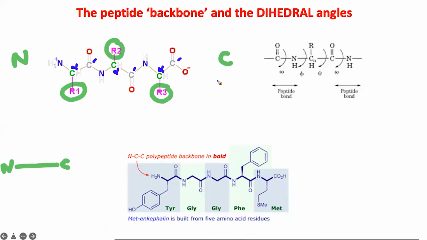Now, we have defined certain angles which are called dihedral angles. They are also called torsion angles along the main chain of the polypeptide chain.